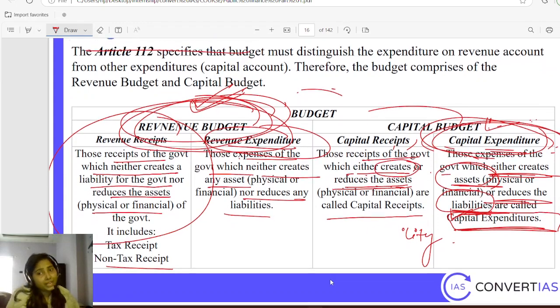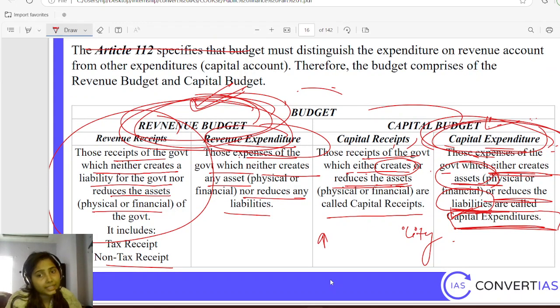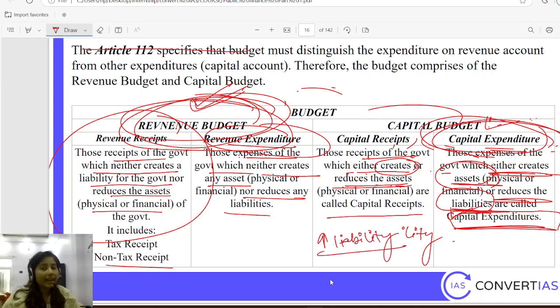So whatever money we are getting, either it will increase our liability, because we are getting that money from other sources and we have to repay it, or we are reducing our asset.